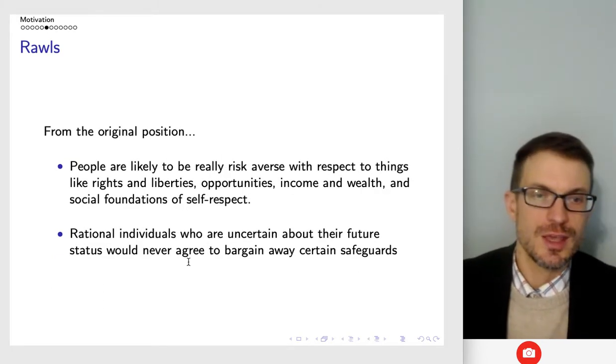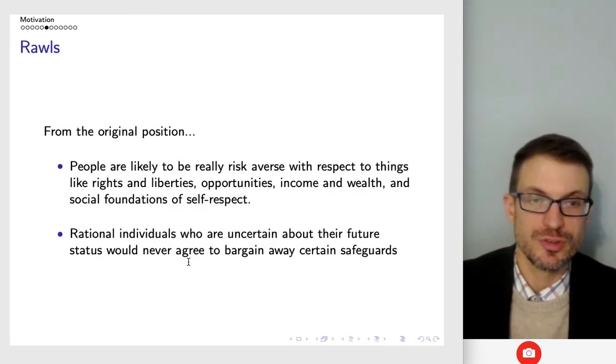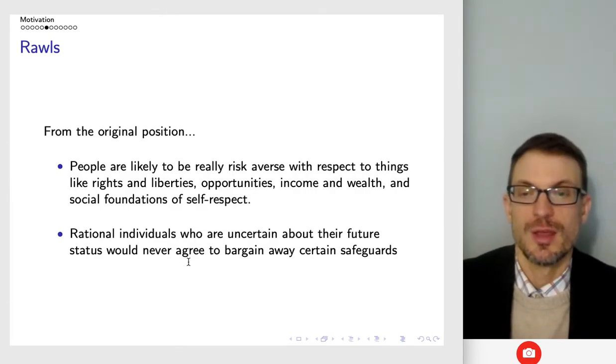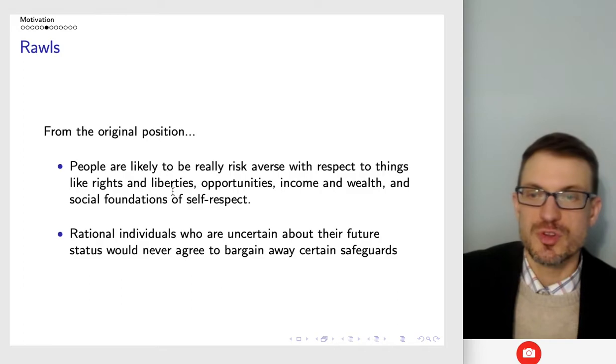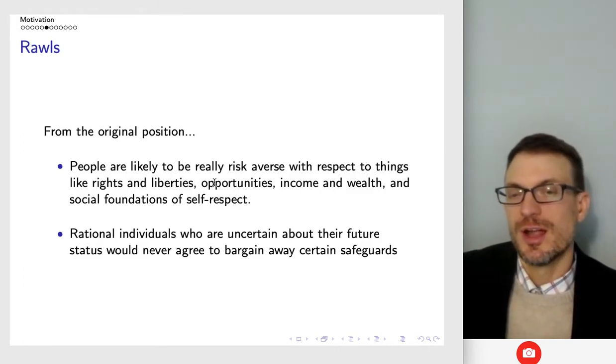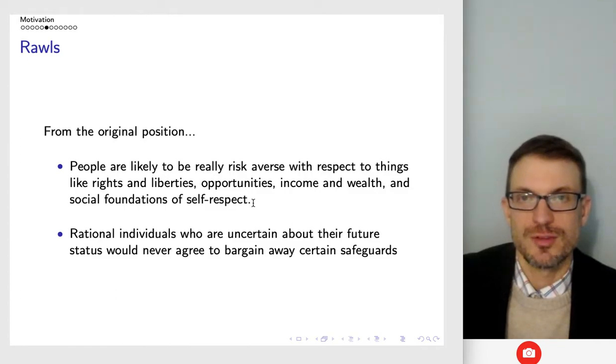So the idea is, from the original position, people are likely to be relatively risk averse. We know people are risk averse, and you'd probably be a lot more risk averse if you don't know where you're going to be, right? So risk averse with respect to things like rights and freedoms, opportunities, income and wealth, and social foundations of self-respect, right?